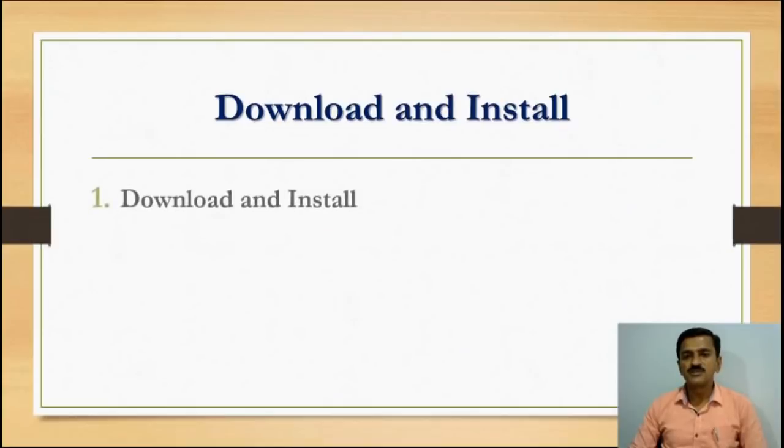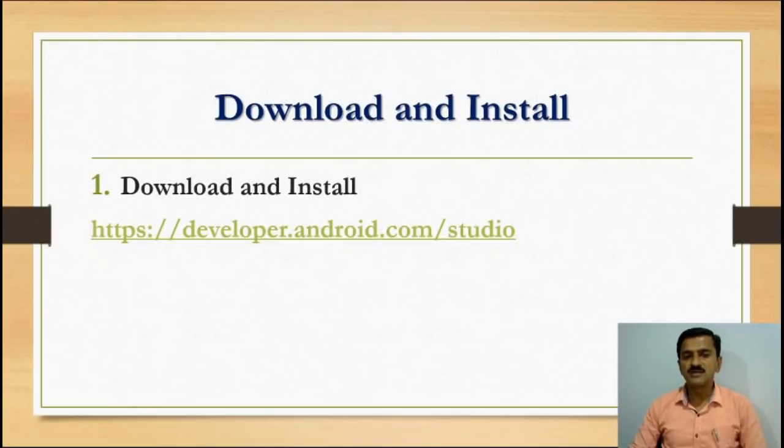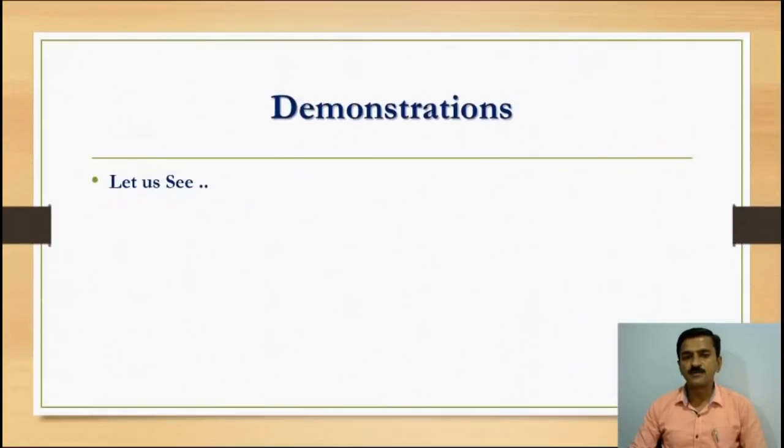To download and install Android Studio, we have to browse this site, developer.android.com/studio. So let's see how to download and install Android Studio and how to write a simple Android application using Android Studio.